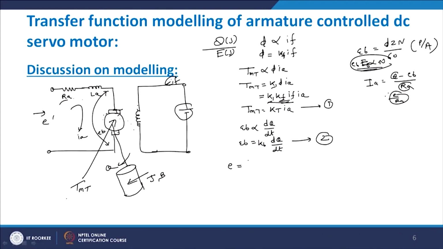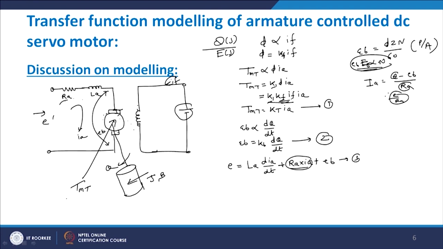What expression will we get? The applied voltage E equals La dIa by dt plus Ra into Ia plus Eb. This is equation number 3. This is nothing but Ra into I, that is armature resistance into armature current, plus La di by dt, plus Eb, where Eb is the back EMF. Now this part is completed.